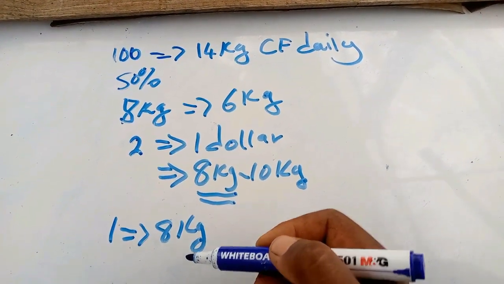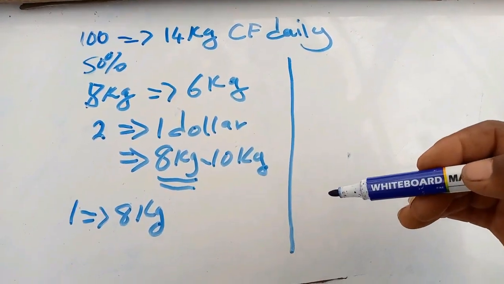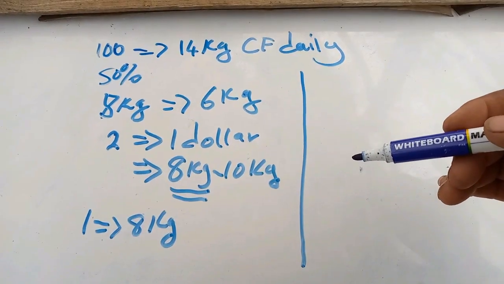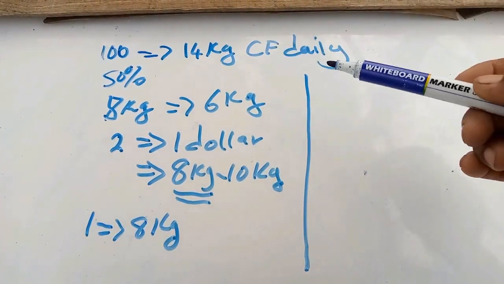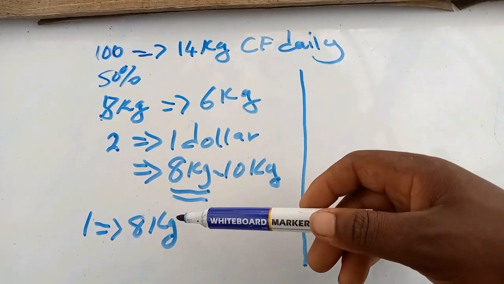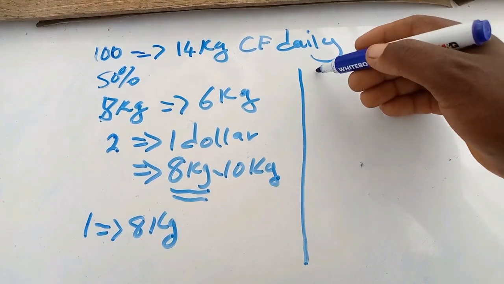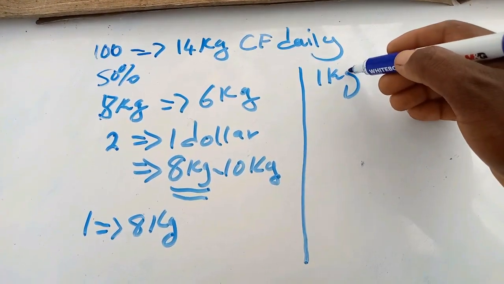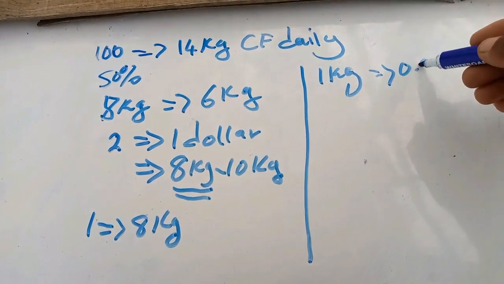Now let us calculate how much we can use when using the 14 kg commercial feed without the hydroponic fodder. 1 kg of commercial feed is half a dollar, 0.5.